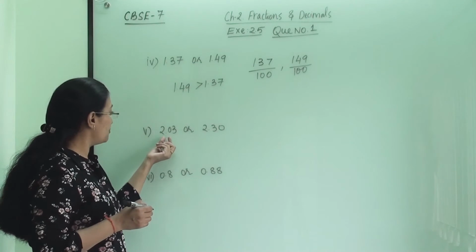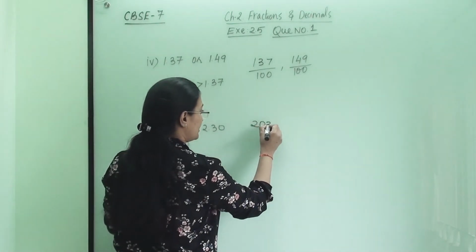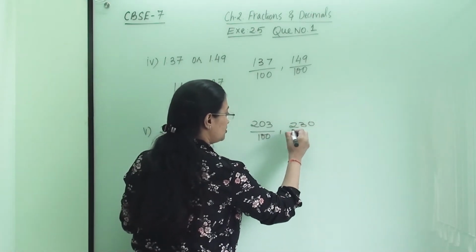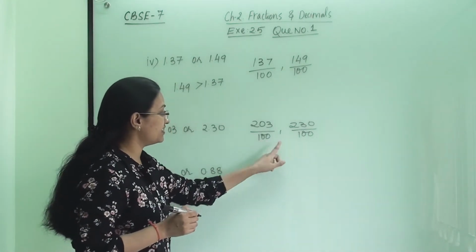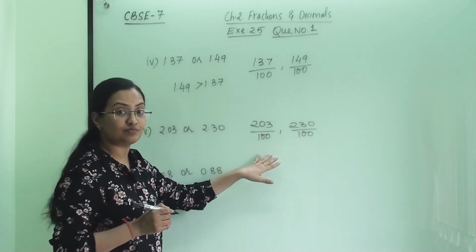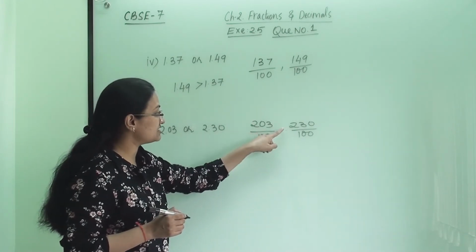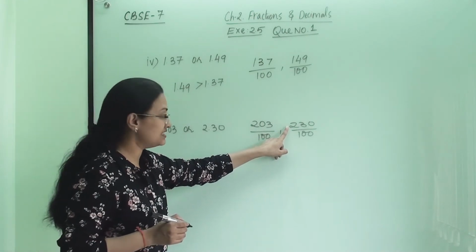Now here 2.03 or 2.30. So 203 in denominator 100 and 230 in denominator 100. Now in both the denominator is 100, so after the decimal their place values are the same. Let us check which number is greater, 203 or 230? 230 is greater.